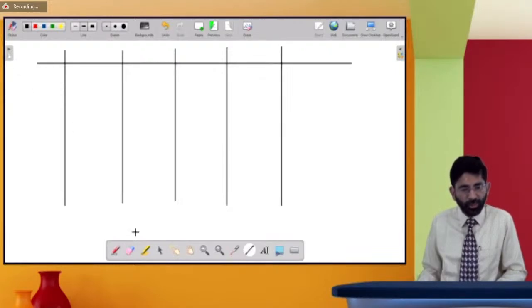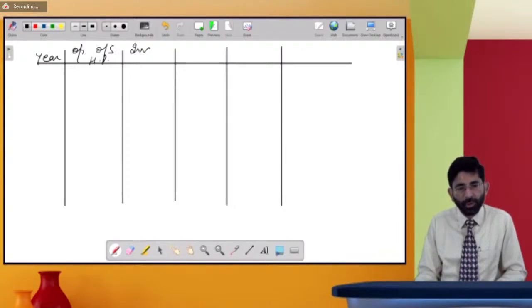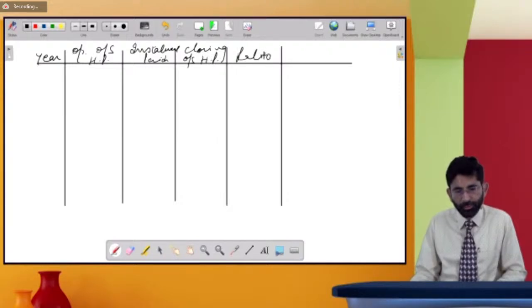So here we have to write year, opening outstanding HP price, installments paid, then closing outstanding HP price, then ratio, and interest.